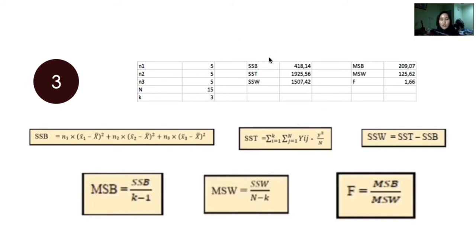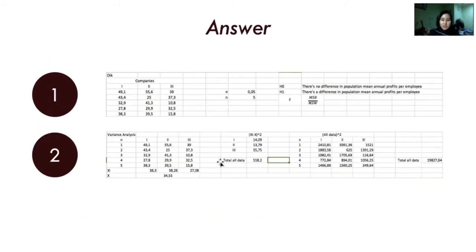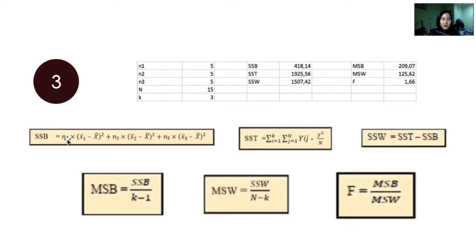After that, we calculate the SSB first. So SSB is calculated by this formula. So we know that N1 is 5, N2 is 5, and N3 is 5, right? So this we got from this. So the calculation must be like this.